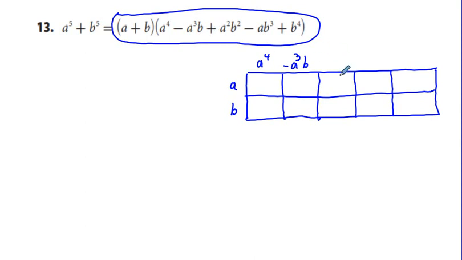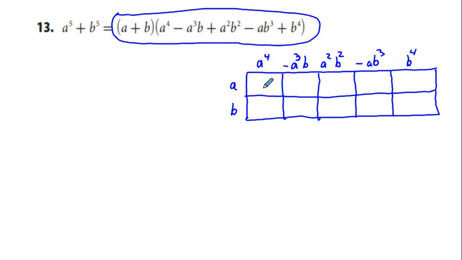We're going to have a squared b squared, we're going to have negative a b cubed, and then finally b to the 4th power. And so we just multiply where these rows and columns intersect.